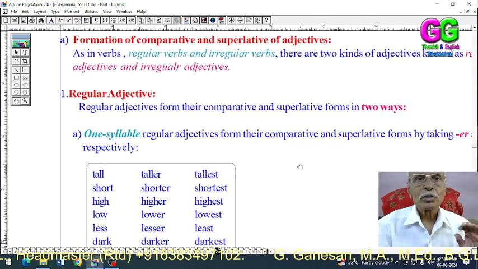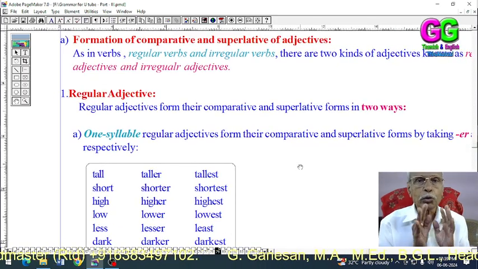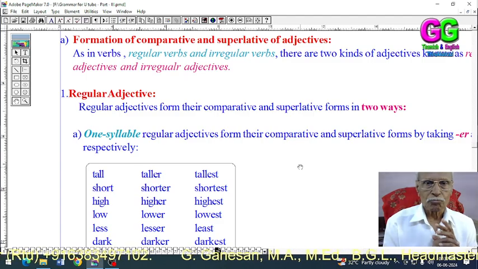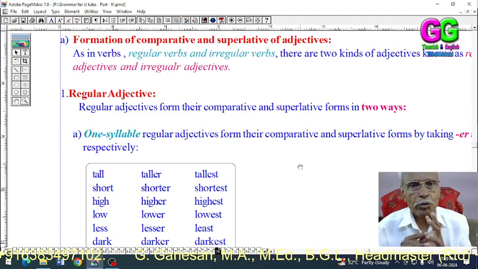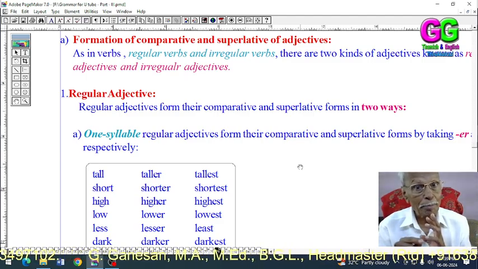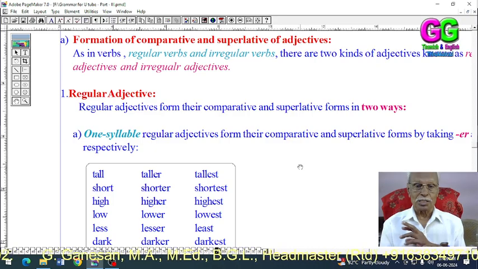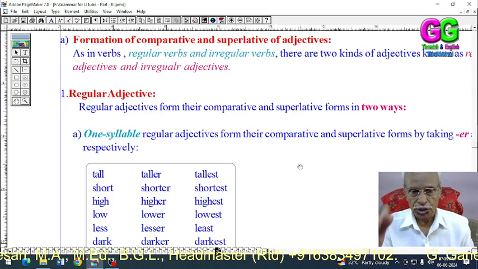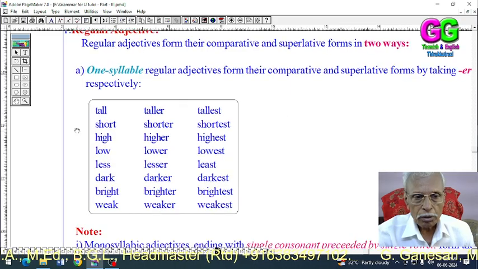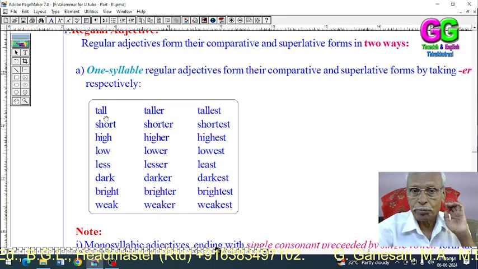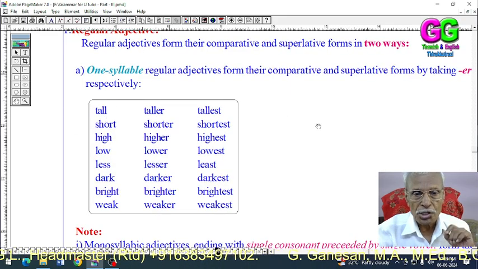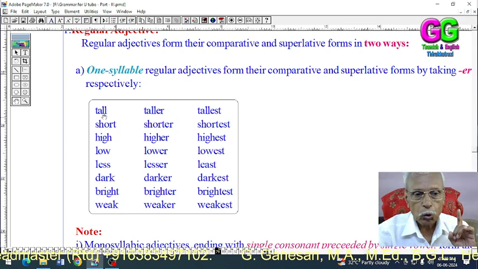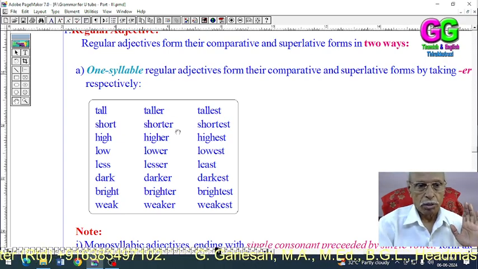Rule 1. Monosyllabic words form their comparative and superlative degrees by adding er and est. Tall is a monosyllabic word. Tall, taller, tallest.